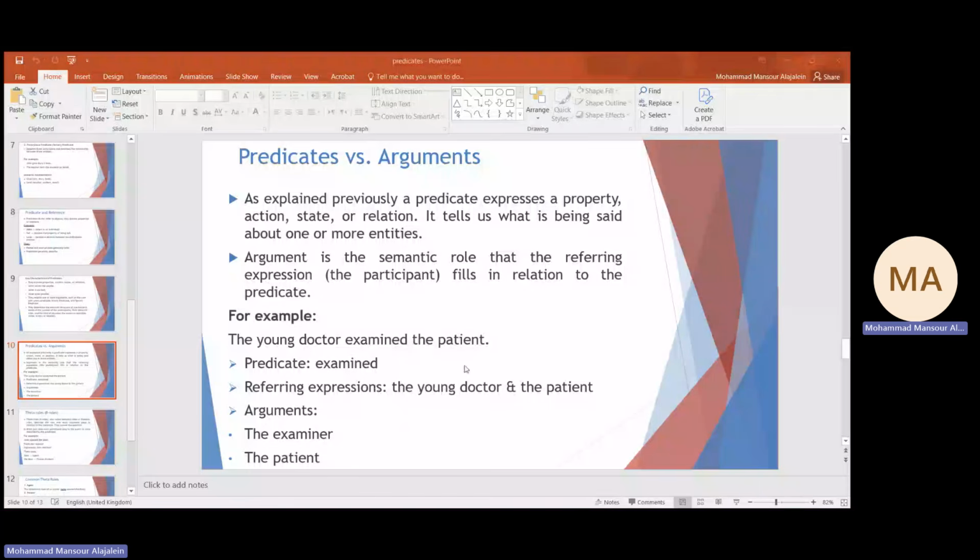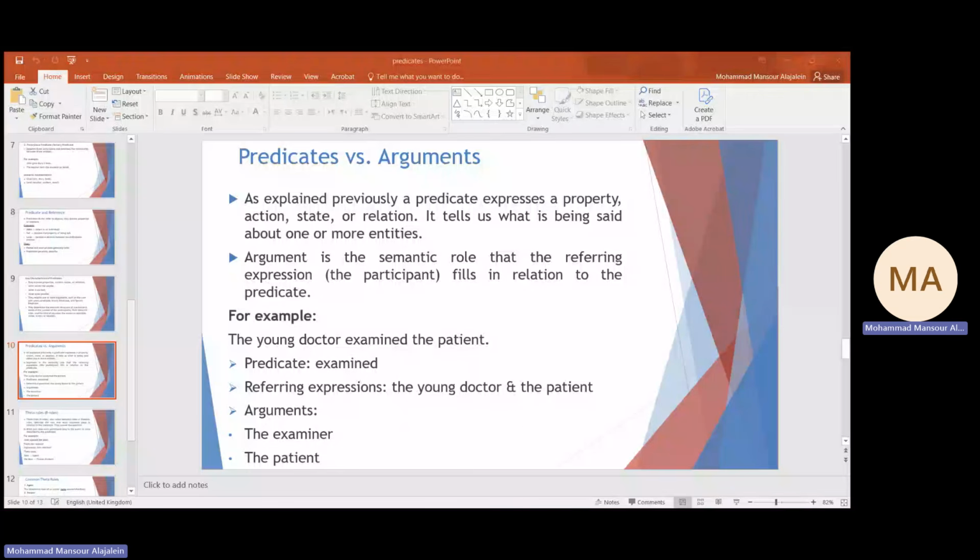So we can represent the basic structure as the young doctor, the examiner, examined, who did the action, and then we have the patient. So we have this structure: argument, predicate, argument. The predicate examined requires two participants in this situation.